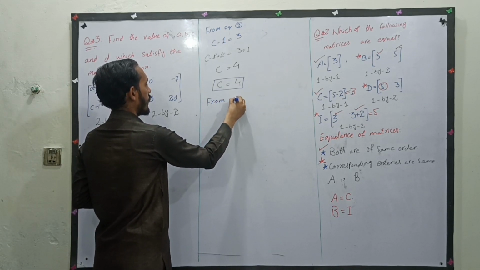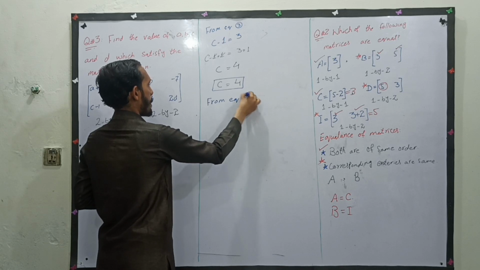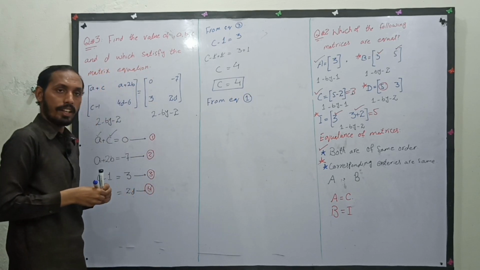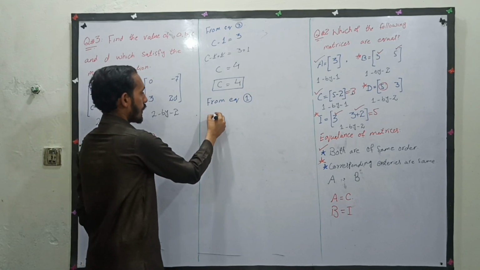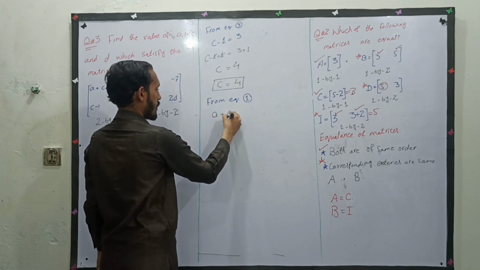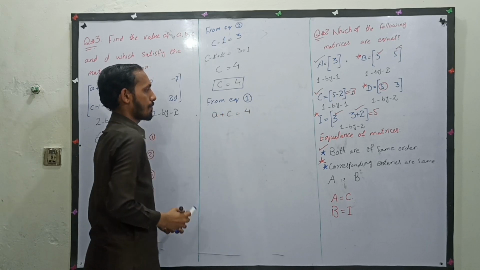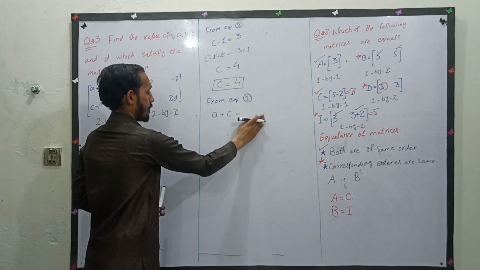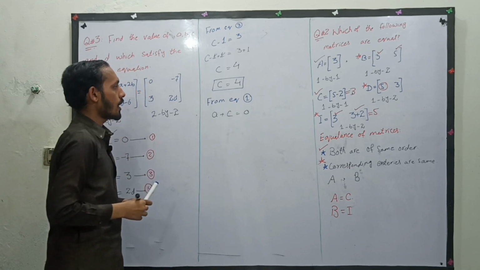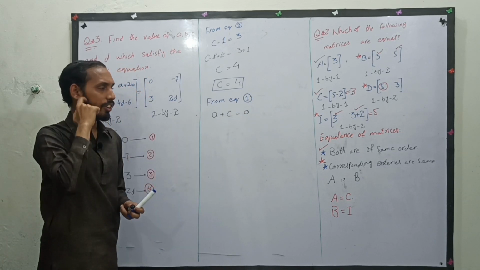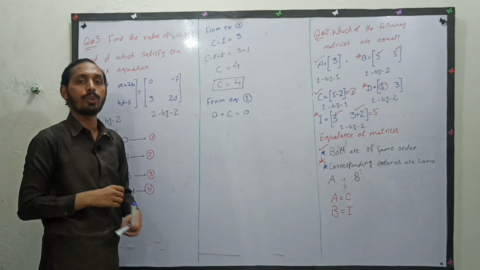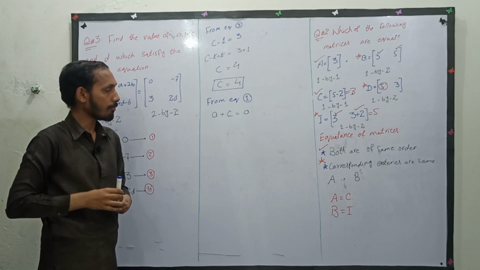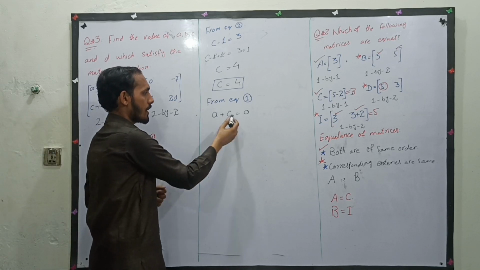अब इक्वेशन 1 को हम सॉल्व करेंगे. इक्वेशन 1 हमारे पास है a plus c is equal to 0.